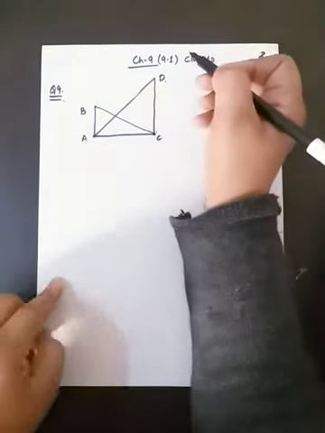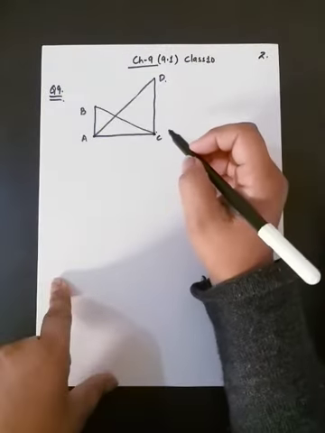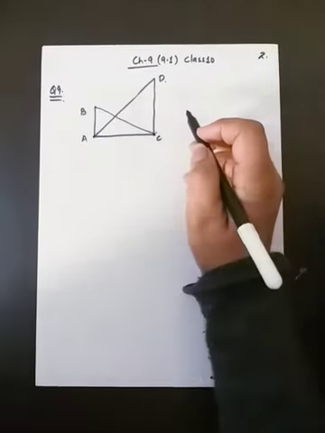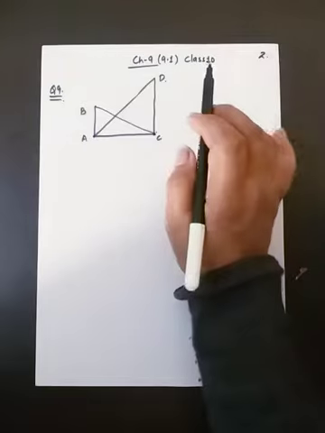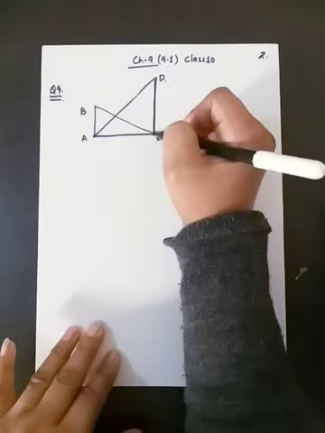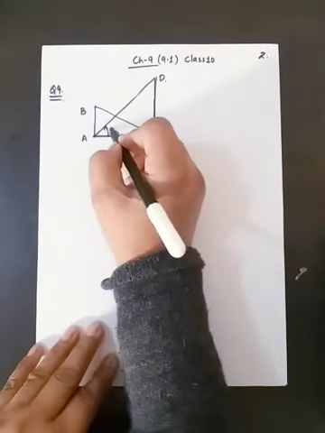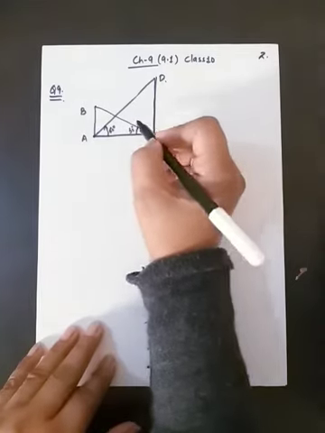The main mistake students make is marking the angle. Here we will use a simple concept of geometry: the side opposite to the greater angle is greater. So if I have made CD bigger, then here I have to mark the greater angle, that is 60 degree, and this angle will be 30 degree.